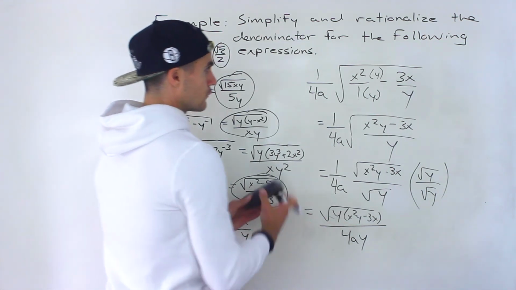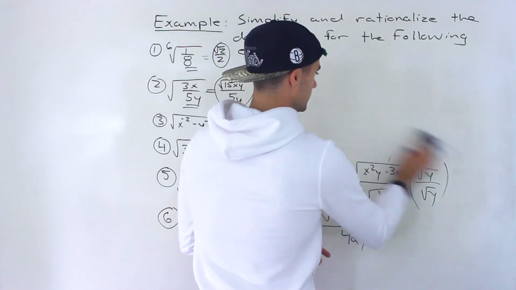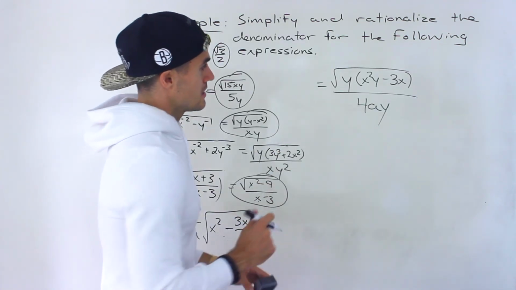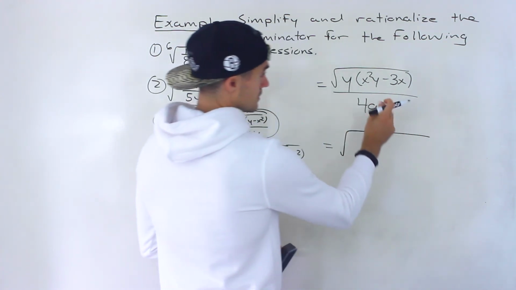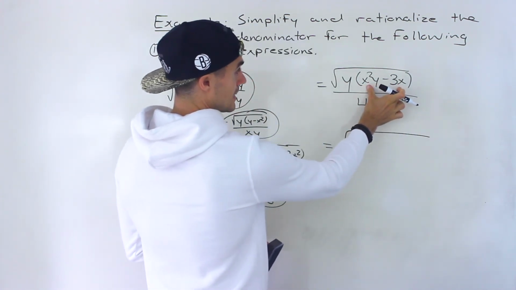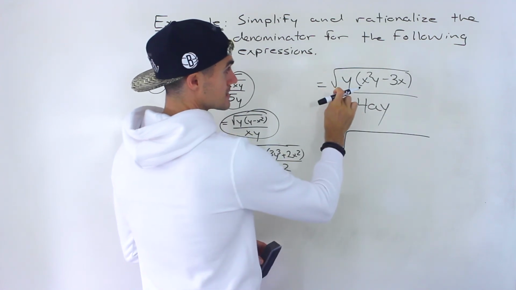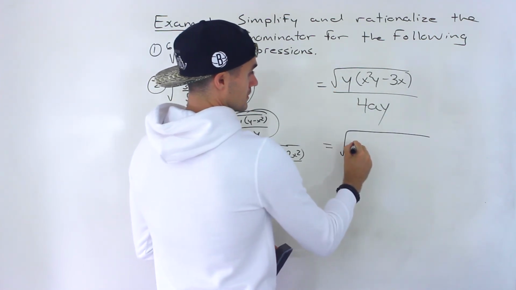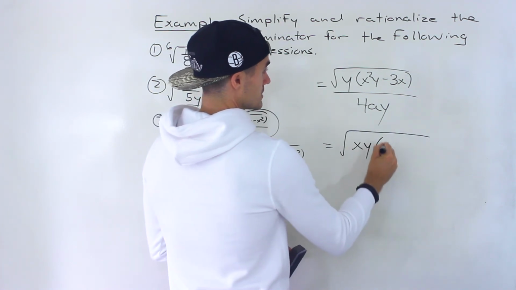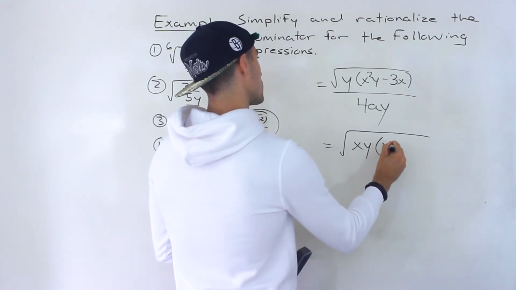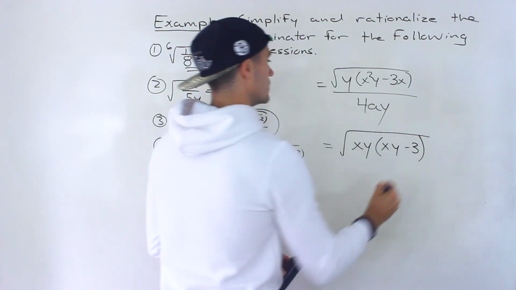Okay, another format, actually I just realized this could be in. So another way this could be written is, if you notice, from this we can actually take out an x. So we could rewrite this as x times y times xy minus 3.